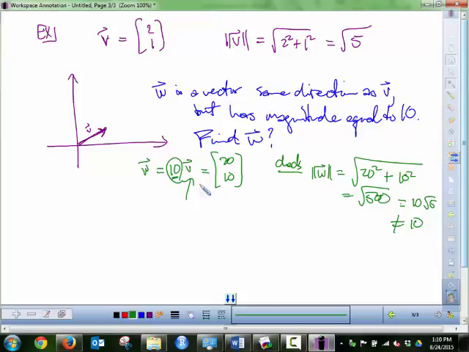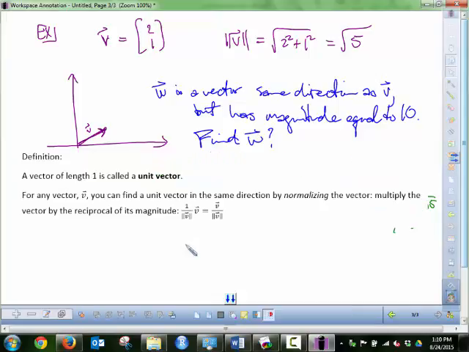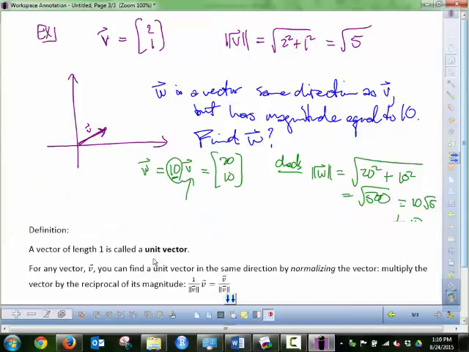It has to have a unit length. If v had a unit length to begin with, then we would have a better chance of multiplying the unit vector by 10 so that it scales to 10. So here is the piece of information that I copied and erased, and now I'm going to put it back.